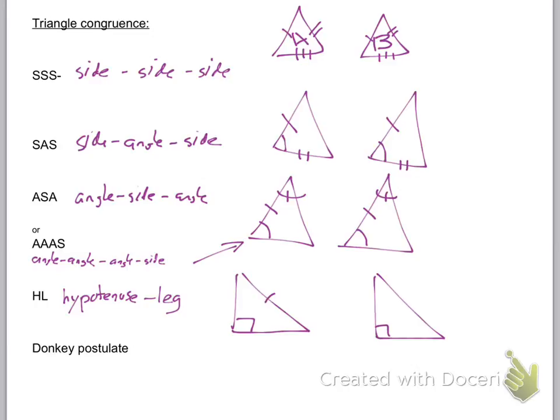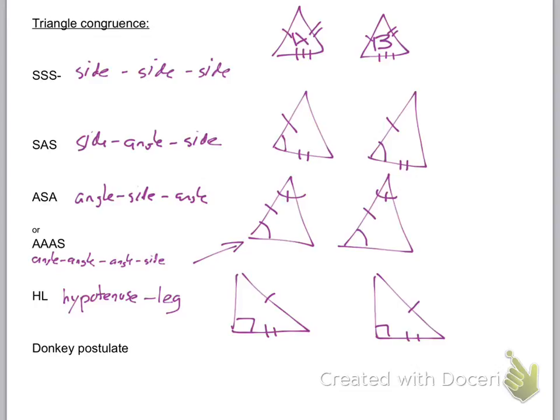It says that if the hypotenuses are the same, and one of the legs, I don't care which one you call it, it works. Because obviously, if it's a right triangle and you know a hypotenuse and a leg, you could find the third leg. You could use the Pythagorean theorem to solve for that third part, right? And those would end up being the same.